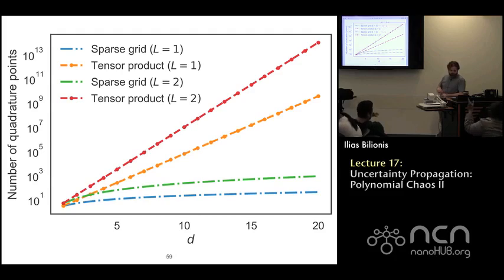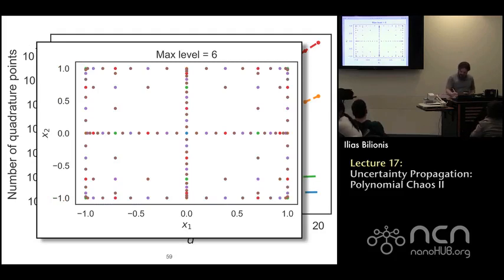Even in the previous slide, what is max level? So max level here is that L. How many nodes do I use? Okay, I haven't explained this very well, so thank you.